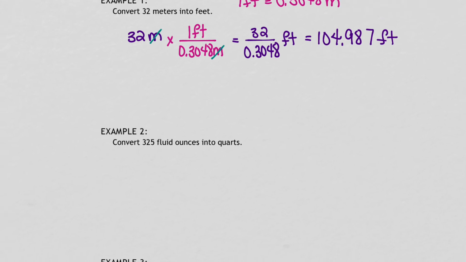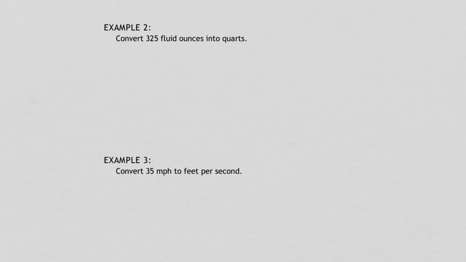Then for the next one, we want to convert 325 fluid ounces into quarts. Now there's a difference between fluid ounces and ounces as a weight. So make sure you're looking at the correct place in your conversion sheet. Now, I don't have anything telling me how to get directly from ounces into quarts in my conversion sheet. So let's see.